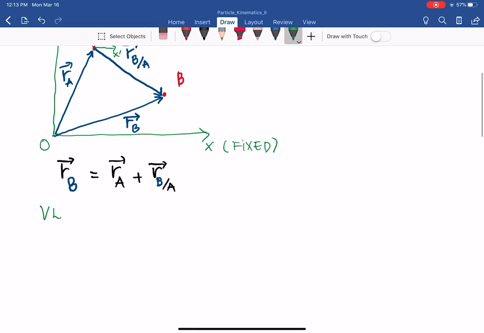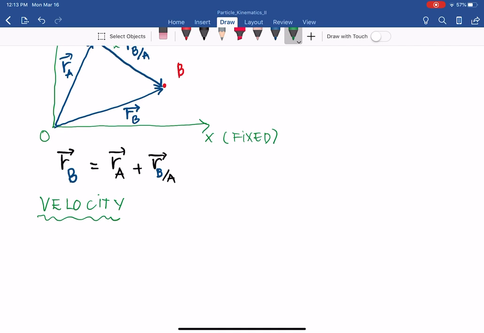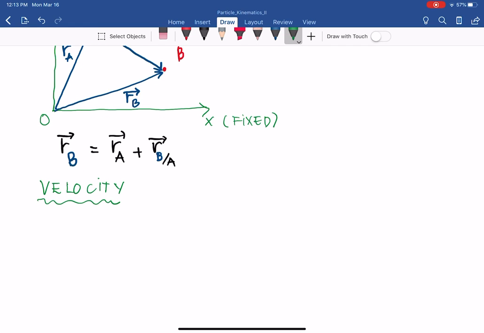So let's talk about velocity, because basically in relative motion, we want to calculate the relative velocity and relative acceleration of one moving object with respect to the other moving objects. And we already know in the previous kinematics, if we take the first derivative with regard to time of the position vector, you can get the velocity. So let's do that here.